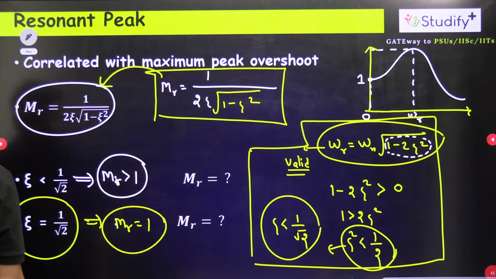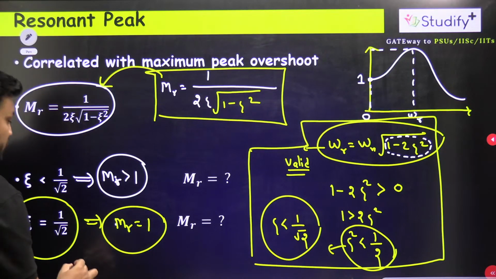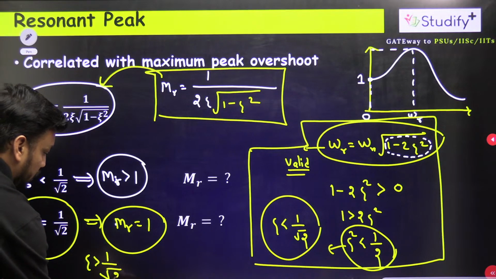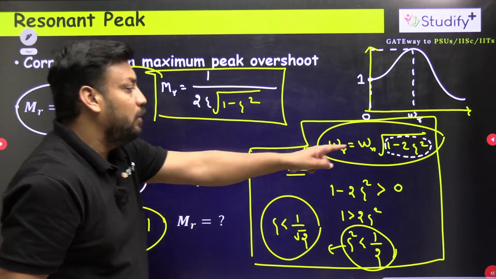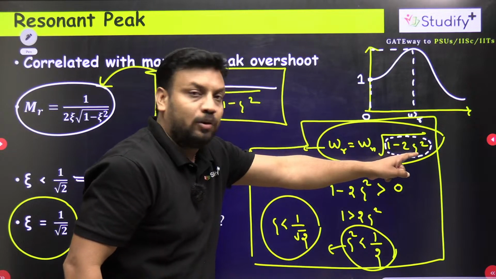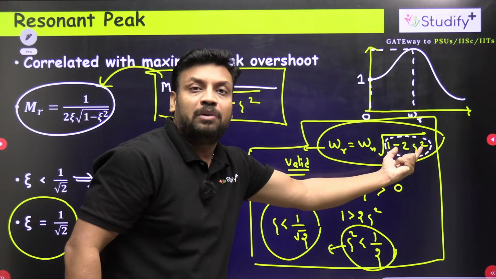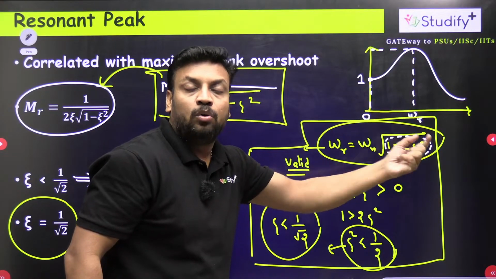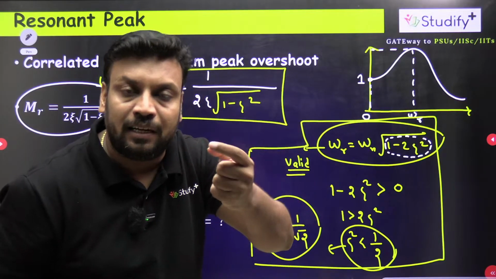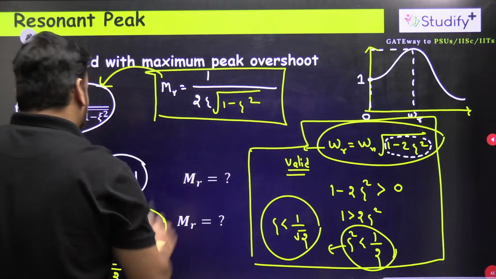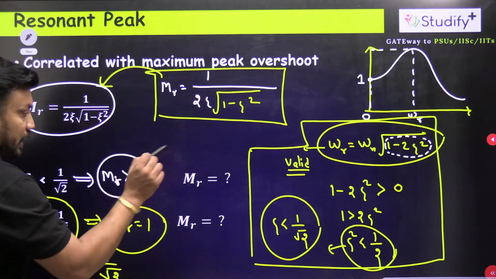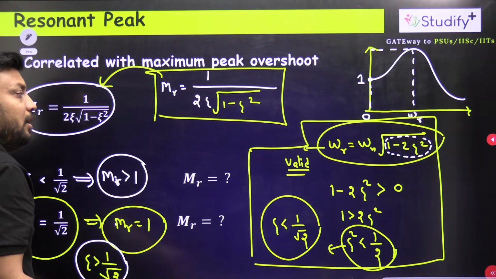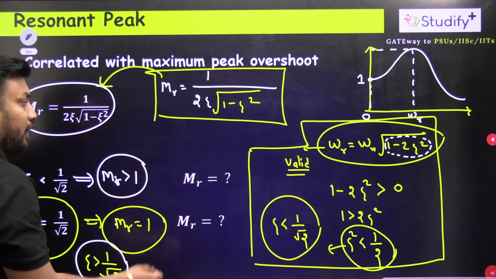And one more point we should write कि सर अगर जीटा का वैल्यू ग्रेटर देन 1 by root 2 हो जाए तो, इफ जीटा वैल्यू ग्रेटर देन 1 by root 2 रखोगे ना यार, ये टर्म नेगेटिव आ जाएगा. और रूट के अंदर अगर नेगेटिव आ गया तो अंडर रूट ऑफ नेगेटिव टर्म विल जनरेट j टर्म इमेजिनरी, दैट विल मेक योर ओमेगा आर इनवैलिड. और अगर ओमेगा आर ही नॉट पॉसिबल है, देन Mr नॉट पॉसिबल.